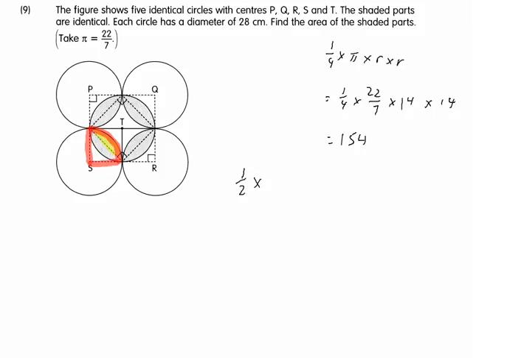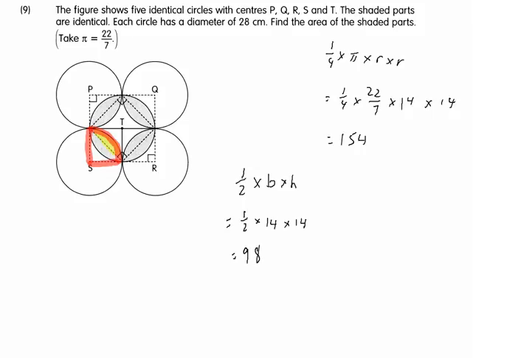Okay, Laura, tell me. Half times base times height. So, Jing Kai, tell me, half times what? Multiply by, which equals to 98.